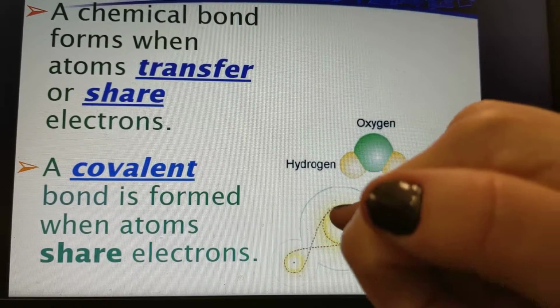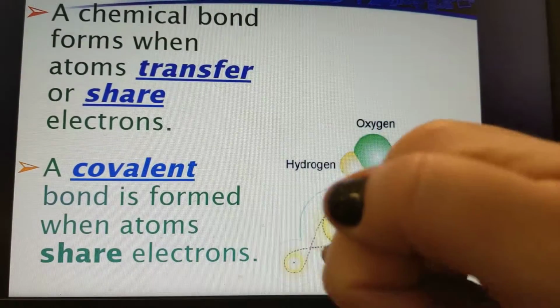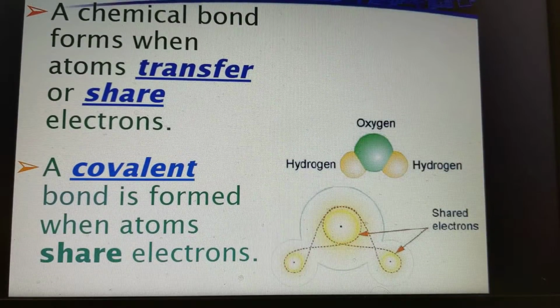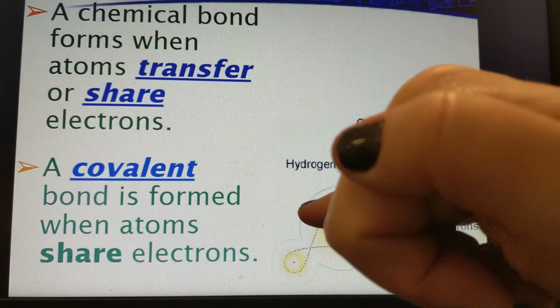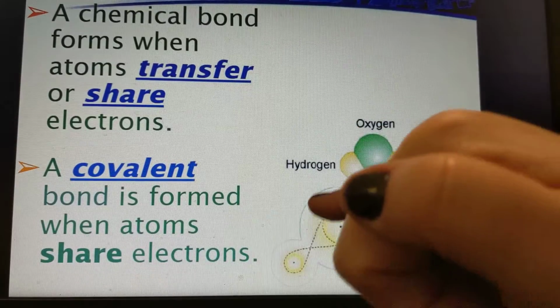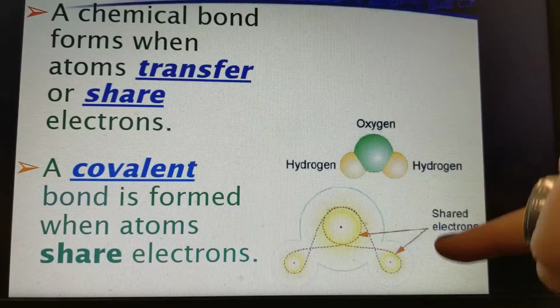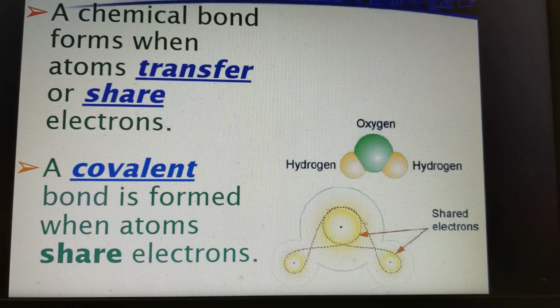The first 2 will sit at that first row, and then the next 6 will all sit here on the second level. If there are 6 valence electrons for oxygen and hydrogen gives 1 each, then together they share 8 valence electrons, and 8 is the magic number we're going to be using.